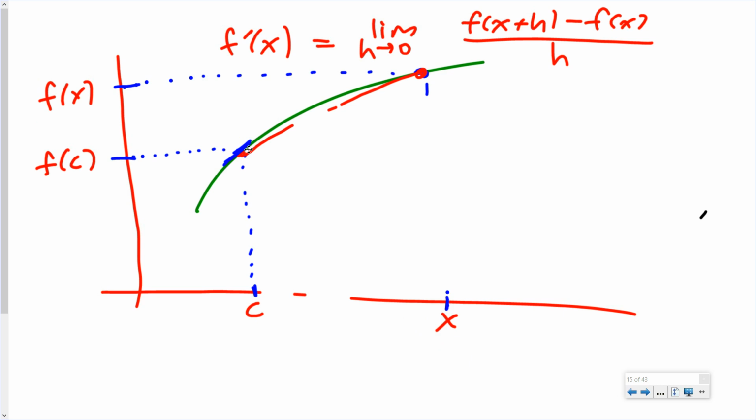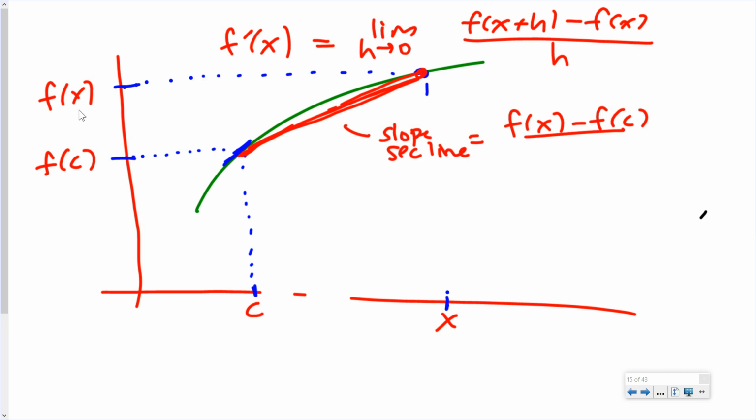So the slope of the secant line here is going to be equal to f of x minus f of c, y minus y, over x minus c, okay? But I don't want the slope of the secant line. I want the slope of the tangent line. So that just means x approaches c. Does that make sense?